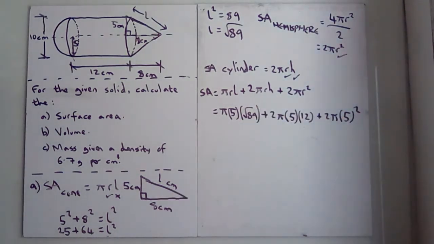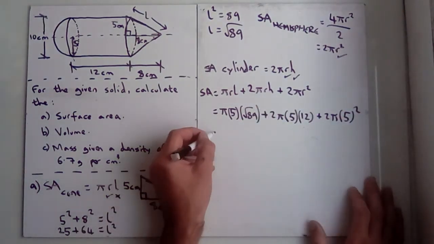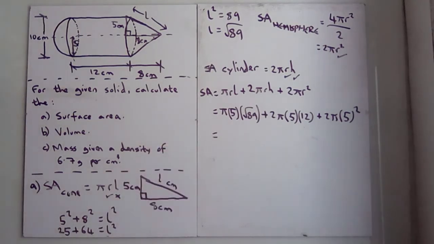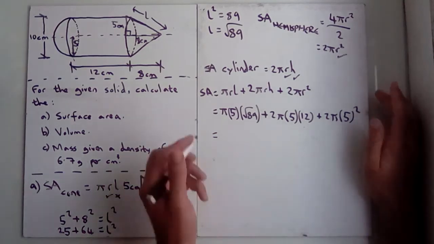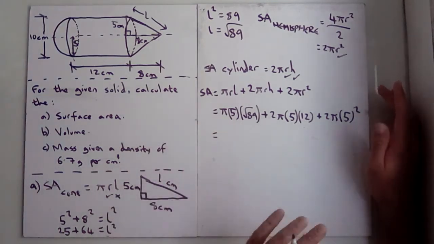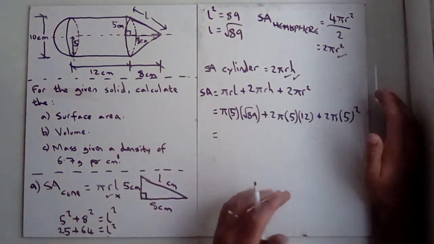So all of that. Now I'm not going to show you me putting it into the calculator, but I would encourage you to make sure you get the same answer for yourself. I've checked that this is right, but you've all got different calculators. Make sure you can get to this number. If you can't, you need to make sure you know what your mistake is.